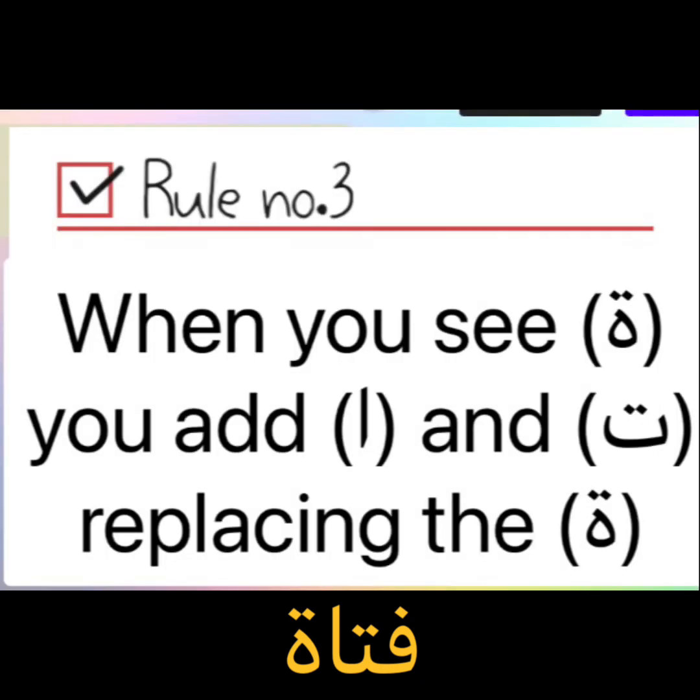So rule number 3. Let's see if we can find the answer in rule number 3. Rule number 3 is when you see تاء مربوطة, you add an ألف and a تاء مفتوحة, but there is already an ألف before it, meaning that no, we can't do that.